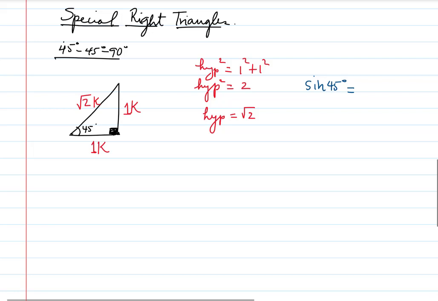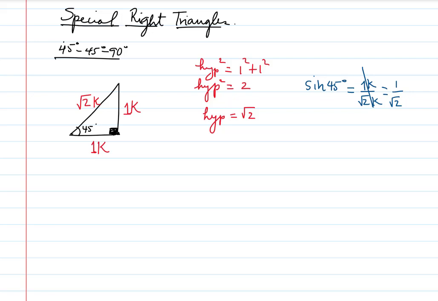So we're going to have 1k over the square root of 2 k. Now notice how the k's go away. So this ends up being 1 over the square root of 2. Okay, so that's why I said the k's will cancel out, because all the trig functions are just ratios.